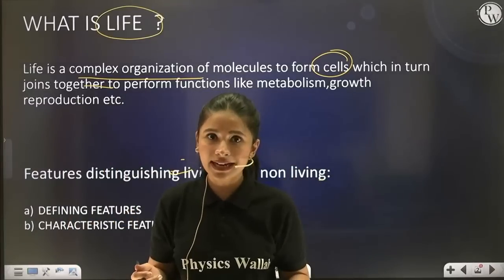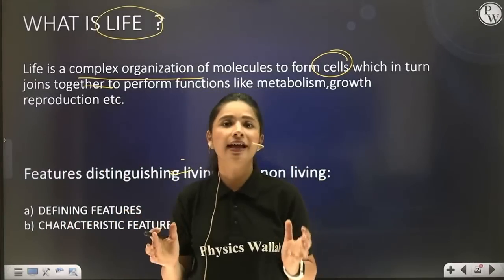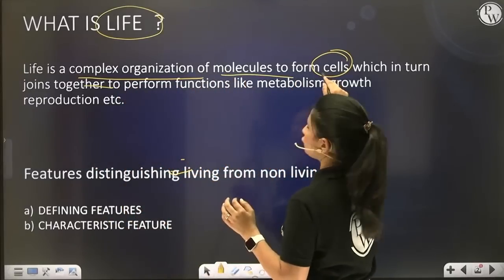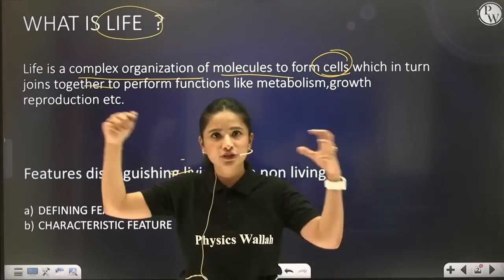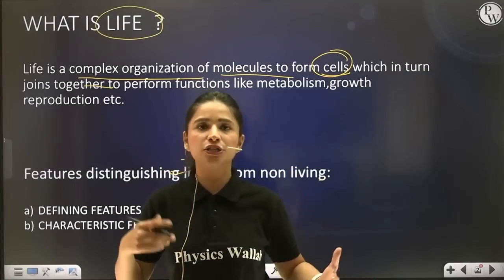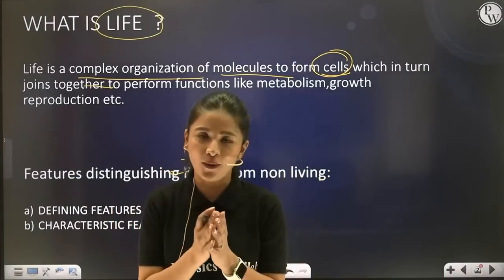So, what is life? Simply, life is a complex organization of molecules to form cells, which in turn join together to perform specific functions like reproduction, growth, and so on.